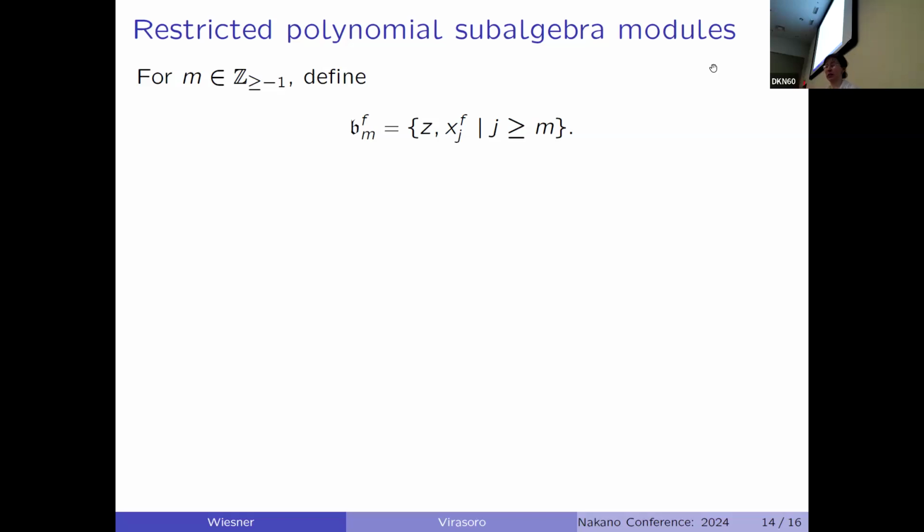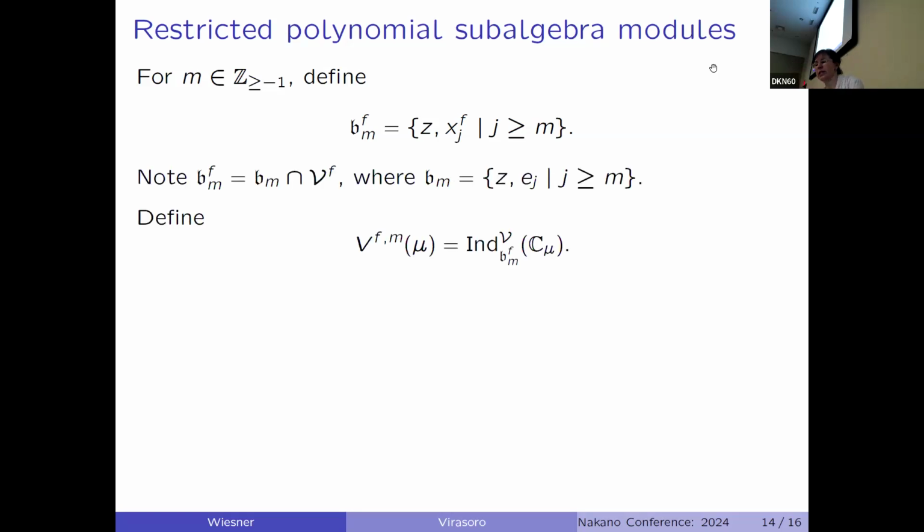So define these new subalgebras, which are the restricted polynomial subalgebras, B and F, where F is still representing some polynomial, and then N is where we're cutting things off.